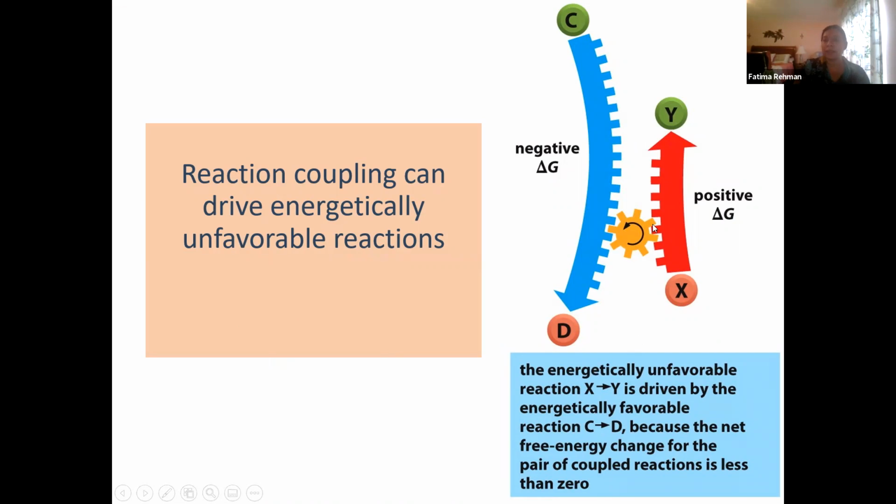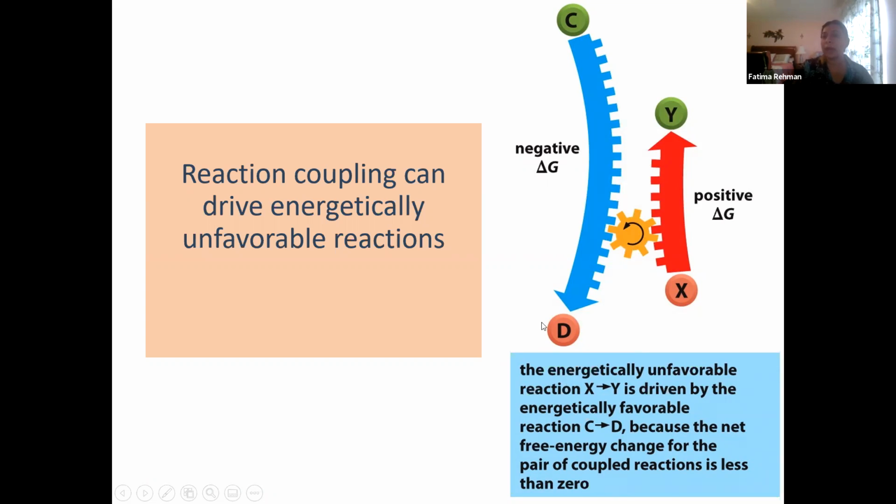So in this case, you had one reaction, X to Y, that was driven by a negative change in free energy, because it released energy. This released energy was then used by the second reaction chain from C to D, where you had to use some of this energy in order for this reaction to occur.